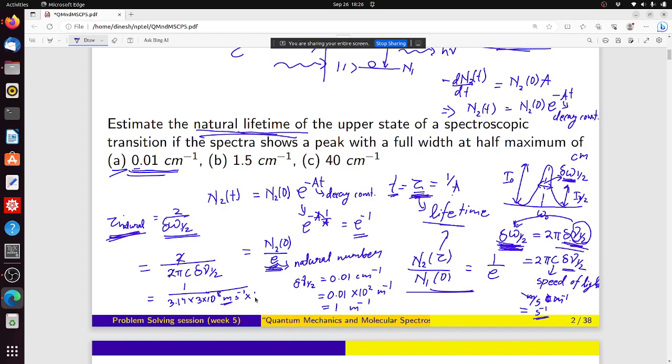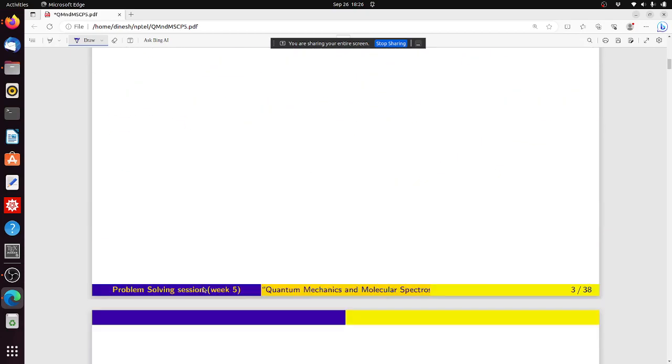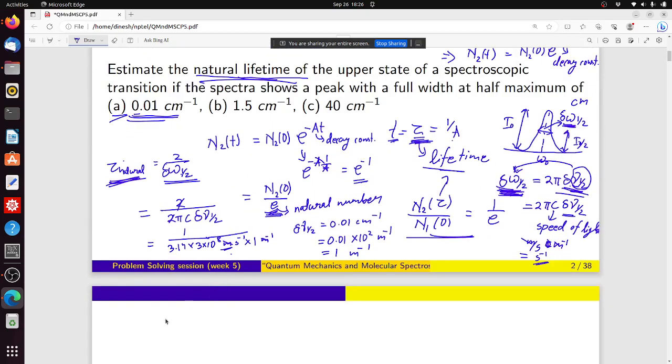Okay, so this is 1 meter inverse. This meter inverse meter cancels, so okay, I have space here. So this will be equal to 1 by 3.14 times 3 into 10 to the power 8, or 10 to the power 8 divided by 3.14 times 3.